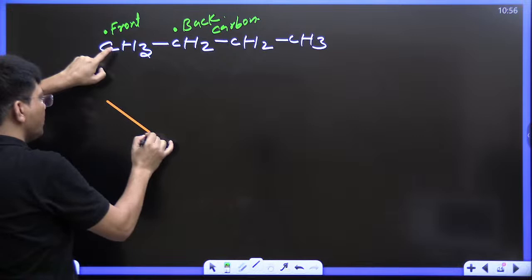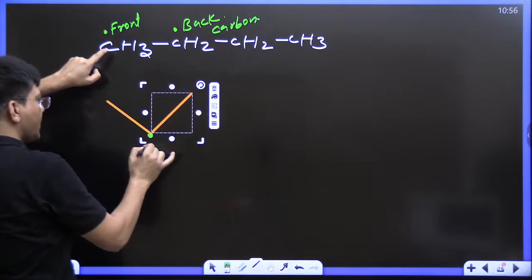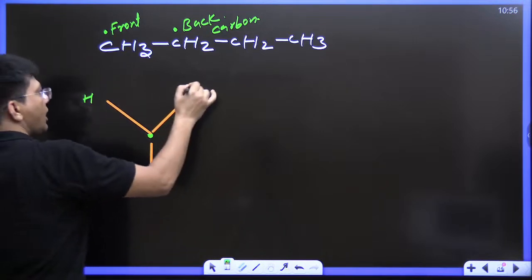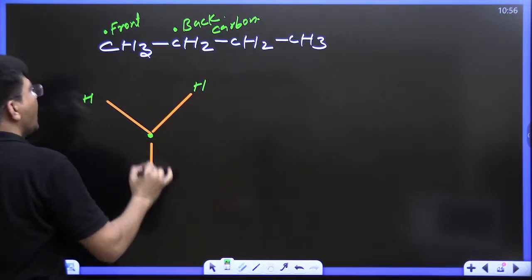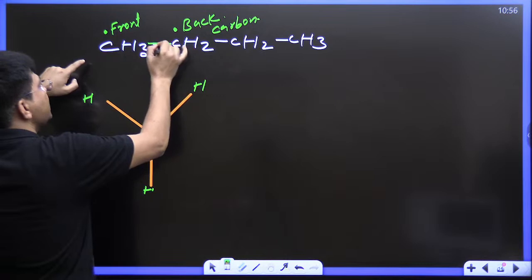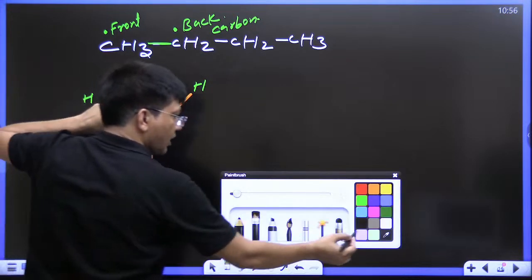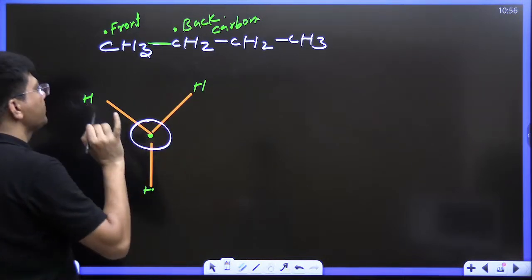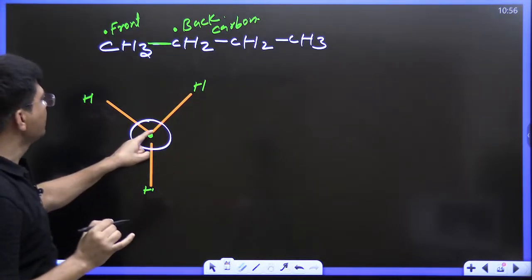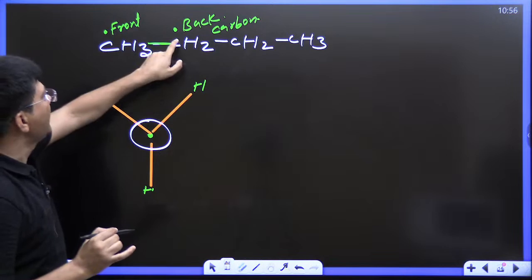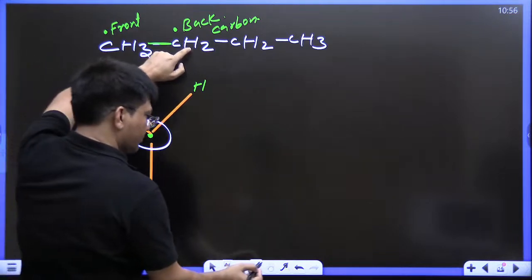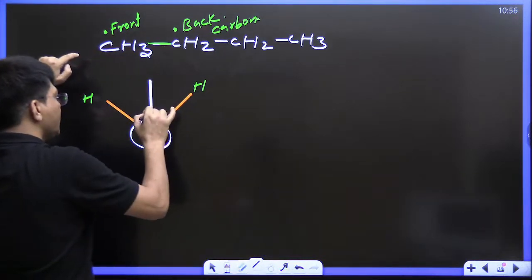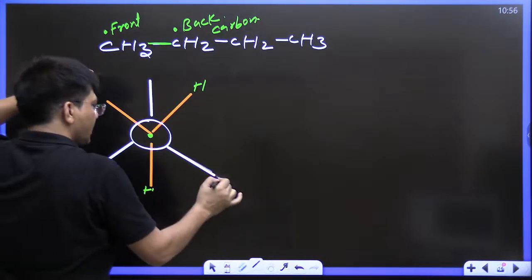So let me draw the front carbon attached with 3 hydrogens, hydrogen, hydrogen, hydrogen. And the front carbon is attached with the back carbon. Front carbon is a dot, back carbon is a circle, and the back carbon has 2 hydrogen atoms.